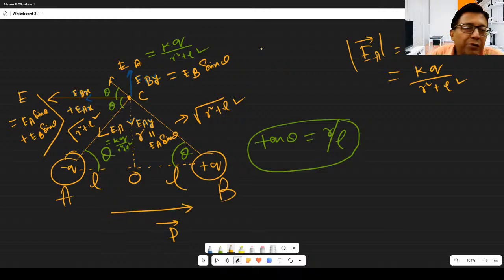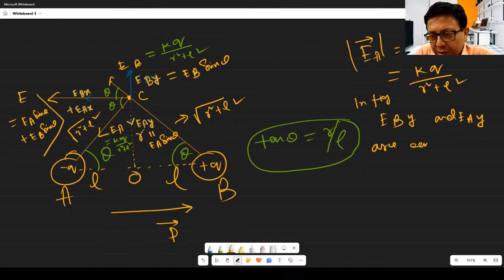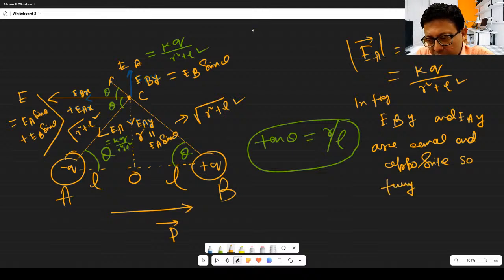And we have found that this vertical component in the figure, EBY and EAY, are equal and opposite. So they get cancelled.